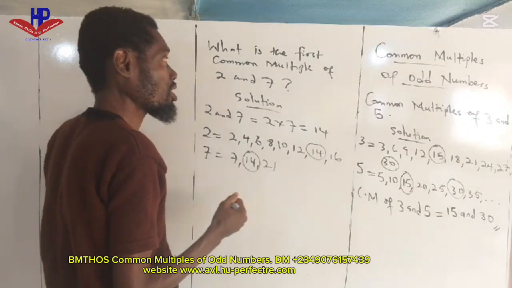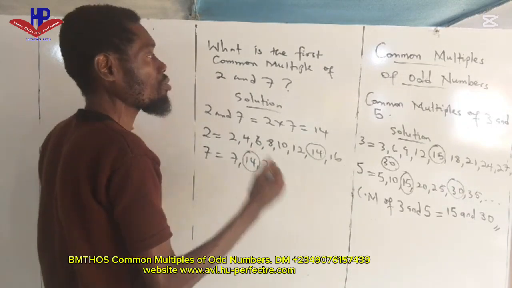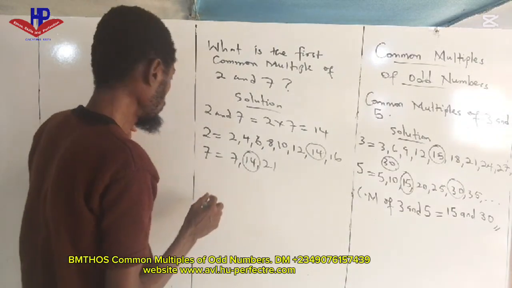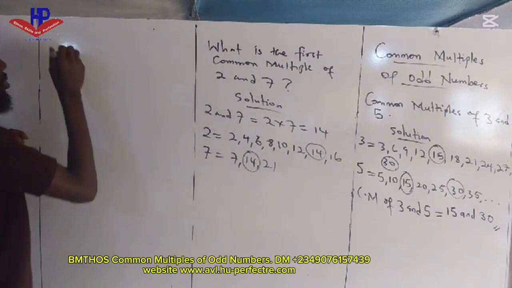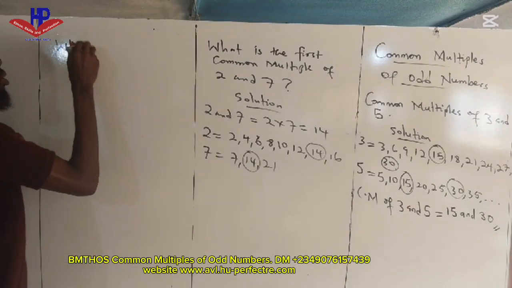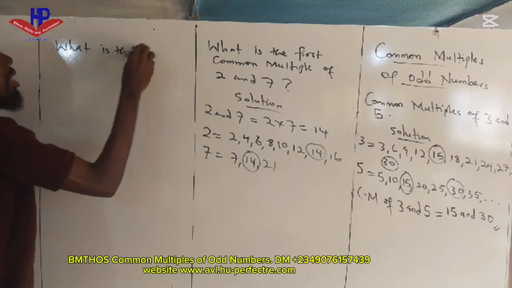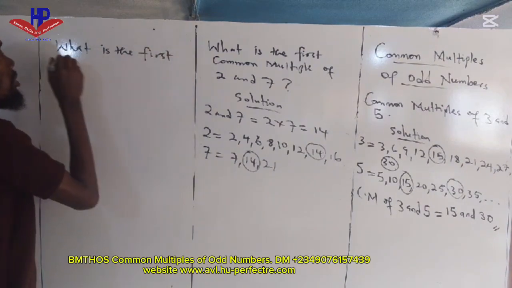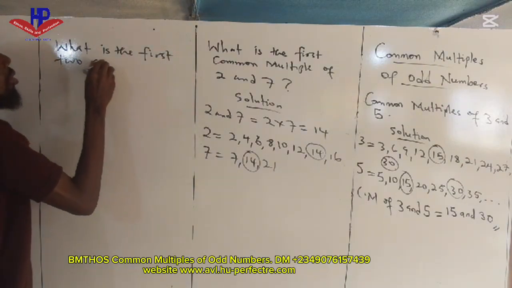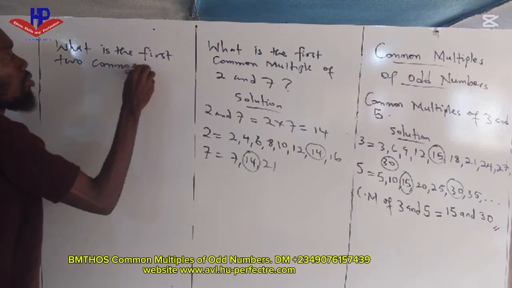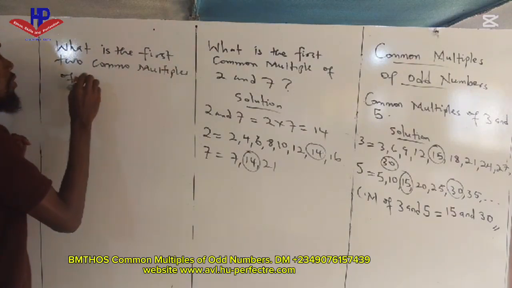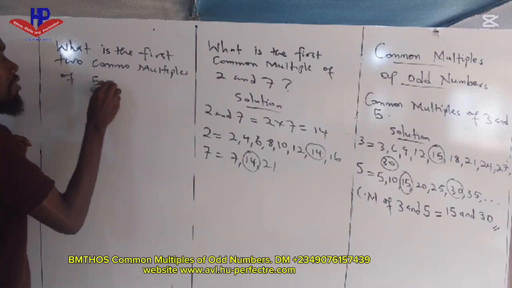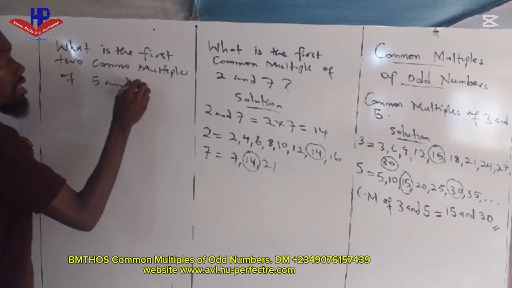If you ask, what are the first 2 common multiples of 5 and 7?